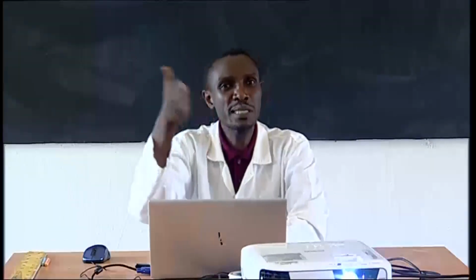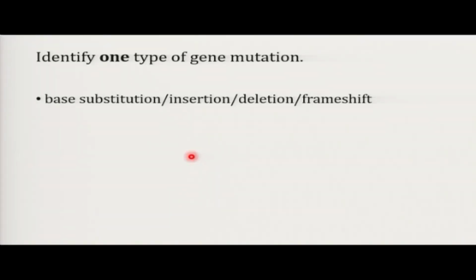We can have base substitution. That's one. Or we insert another base. Or we delete it. Or we move a whole section of nucleotide bases, a whole section of the gene, to a new position, frame shift.